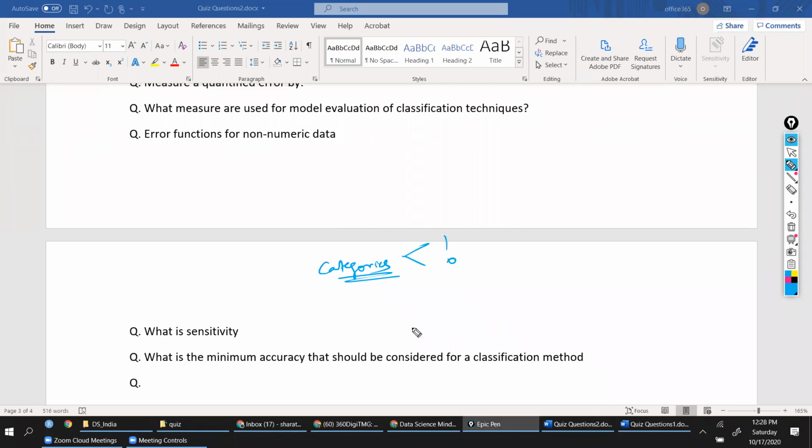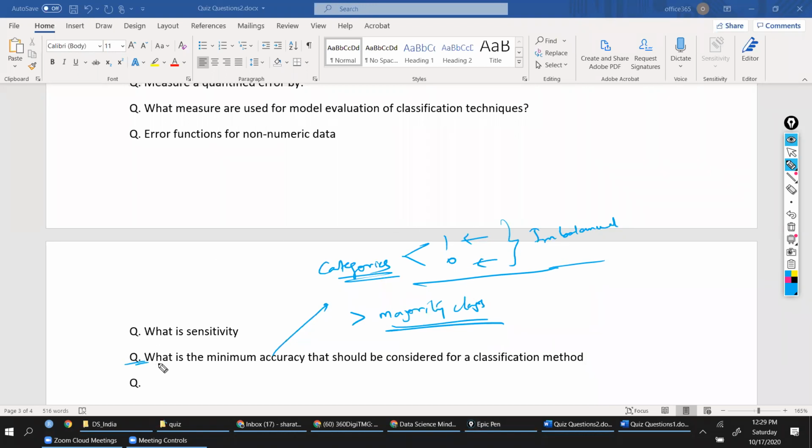So I'll have either 1 or 0. So the minimum accuracy should be greater than the majority class. 1 class, 0 class. Right? These could be imbalanced. So the accuracy that we are considering should be greater than the majority class. Yeah, that is a condition. Minimum accuracy condition.